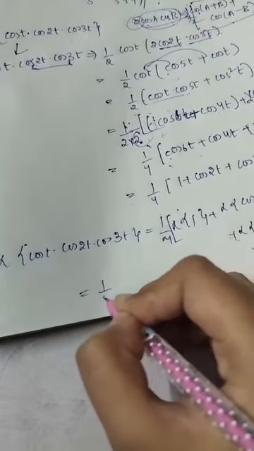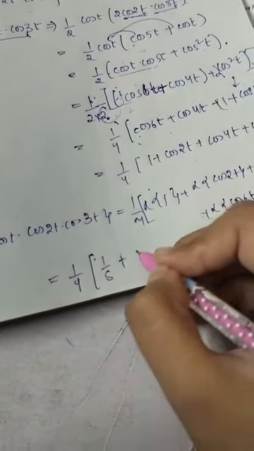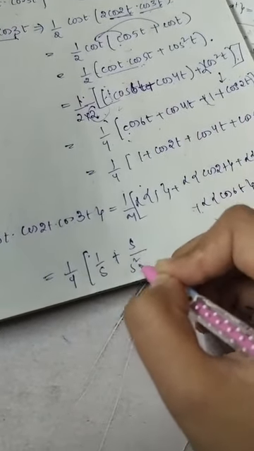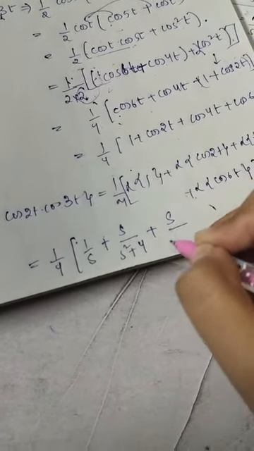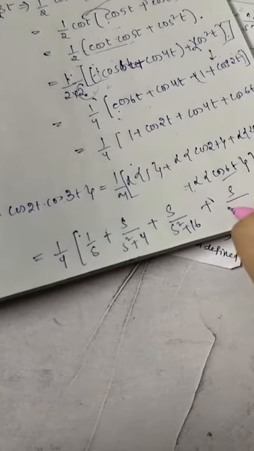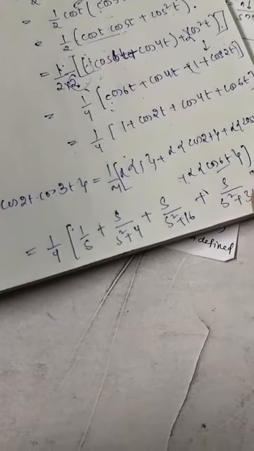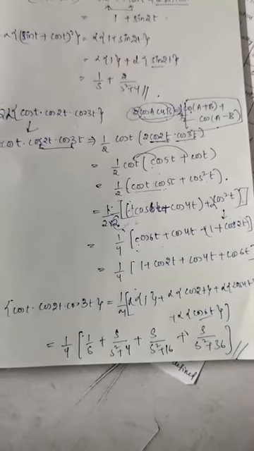That is equal to 1 by 4 of 1 by s, plus s by s square plus 4, plus s by s square plus 4 square which is 16, plus s by s square plus 6 square which is 36. So this is the final answer. You can take a look at it.